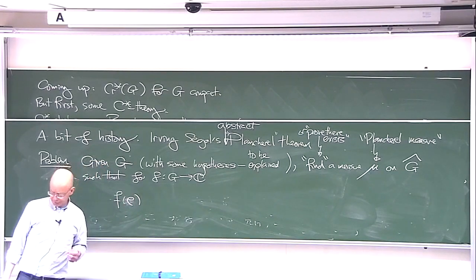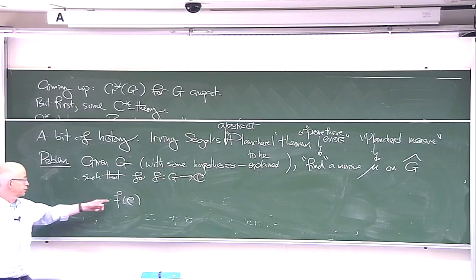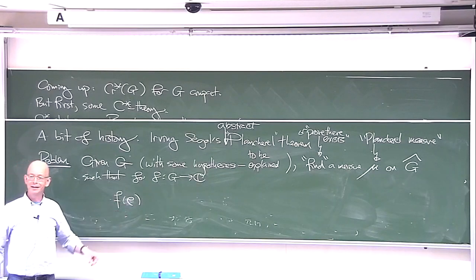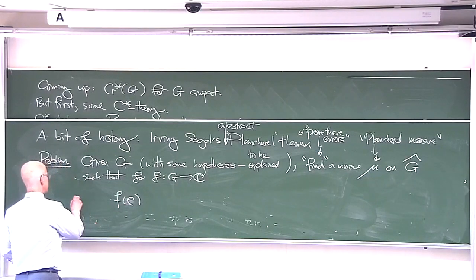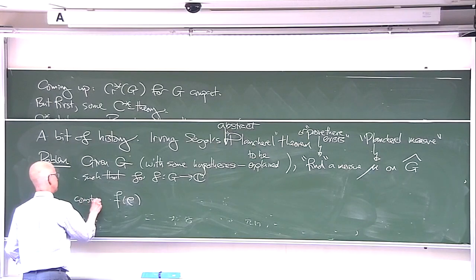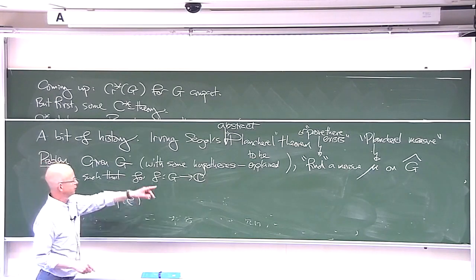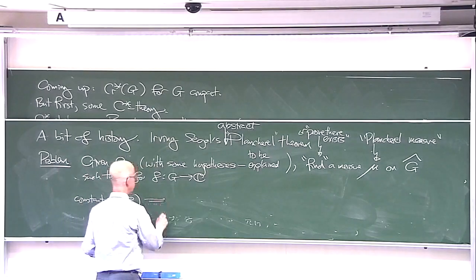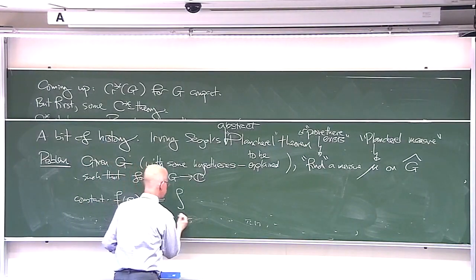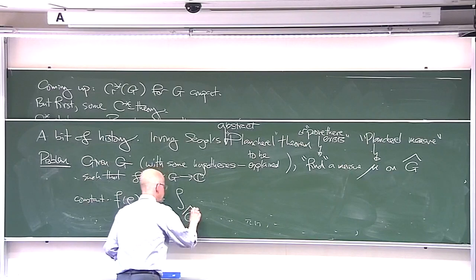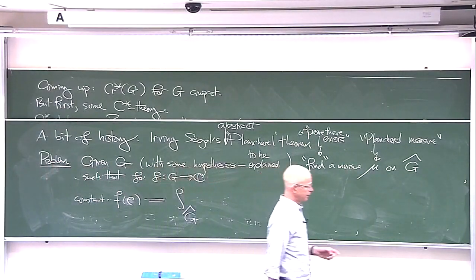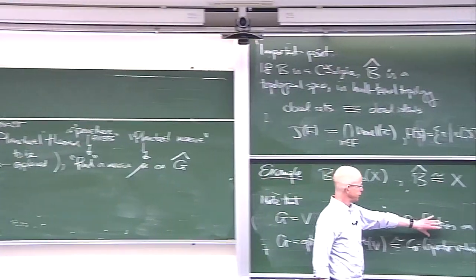In the classical theory of Plancherel and Fourier and so on, you took a function on G and you wrote down a formula for f of 0. So it's easy to guess that 0 should become e, the identity of the group. Okay, and maybe there'll be some constant. Of course, in the formula, this constant could be absorbed away, as you'll see. Now, what are you supposed to do? Well, the integral is going to be an integral over the unitary dual of G, like we were looking at in these situations, perhaps.